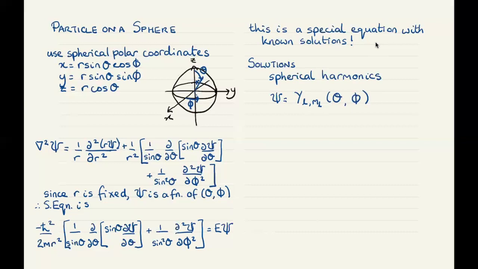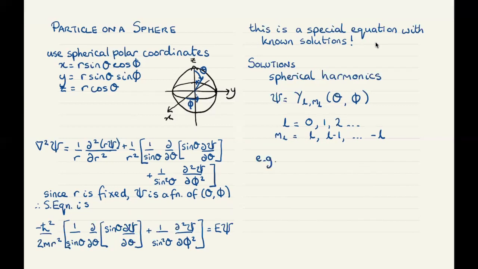And the boundary conditions, that the wave function has to repeat itself when it gets back to the same point on the sphere, give us restrictions on the values of these quantum numbers: L can be 0 or any positive integer, and M sub L can run from plus L through to minus L in integer steps. And so one can look up the expressions for these spherical harmonics.